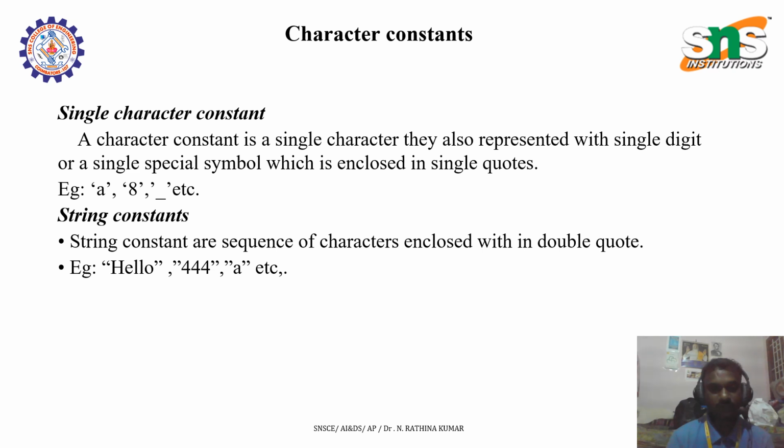Next we are going to see the character constants. Generally they can be of two types: one is a single character constant, and the other is a string constant. With the help of examples we can easily understand these things.